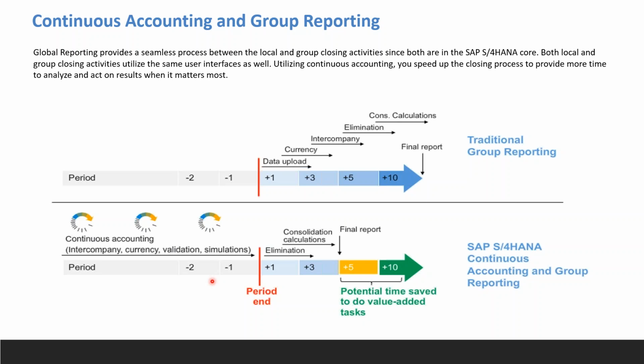But can we have a combination for certain entities or regions? For example, in an international company, Asian companies could do daily balances, and Western companies like US companies could do YTD balances. Is it possible in one system? In one system, we can go ahead with only one solution. Okay.